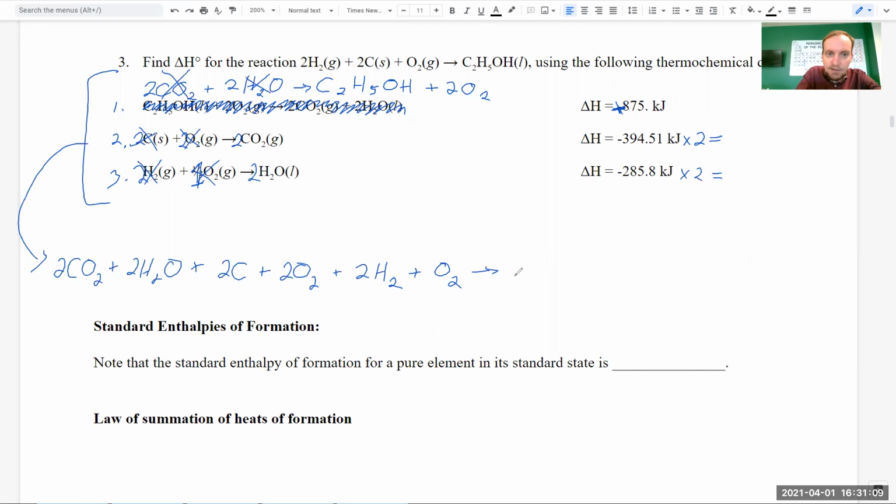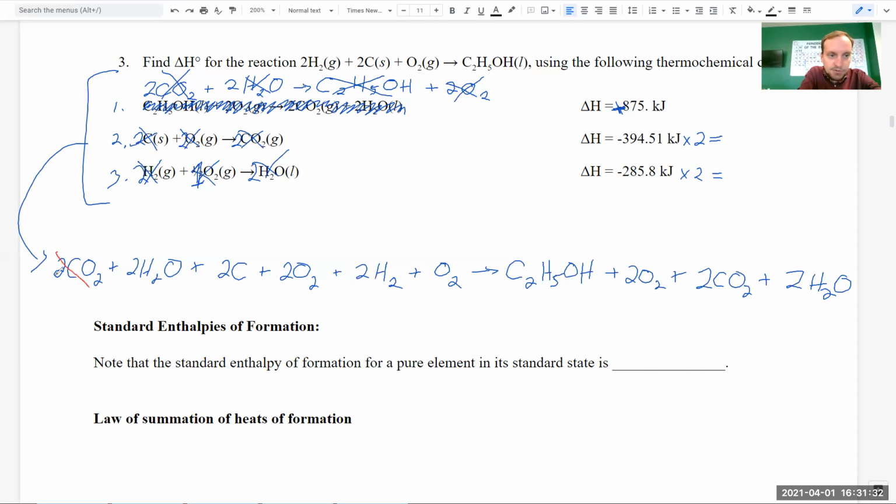Now let's go to the right side of the arrows from reaction 1. C2H5OH plus our 2 oxygens there. So that's used, this is used. Now I'm going to go to reaction 2. 2 carbon dioxides, and last but not least, 2 waters. So everything is in the right place. Let's see if anything cancels out.